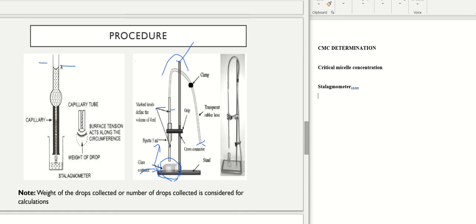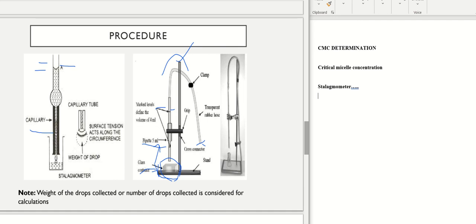So make sure to note down the number of drops formed when the liquid falls from the upper mark till the lower mark, this one.